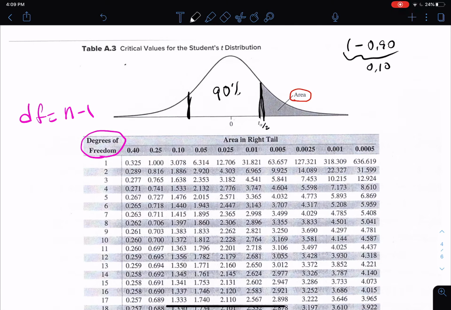That's 0.10. And you divide that by 2, and that gives us 0.05. So my point is, if you're looking for a 90% confidence interval, the area in the right tail has to be 0.05.